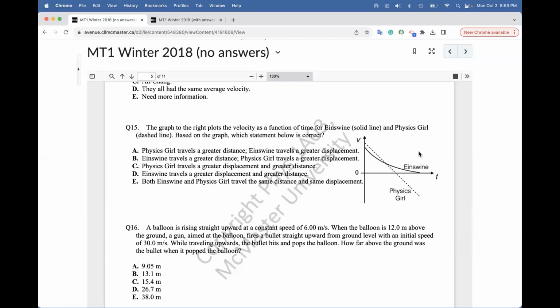Okay. So it comes out to be 0.5 and negative 5.35.